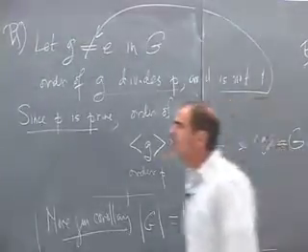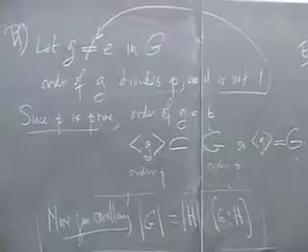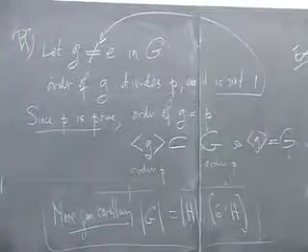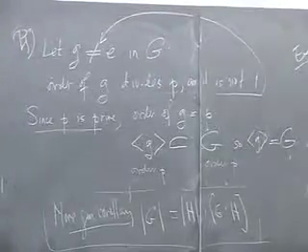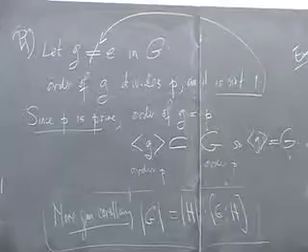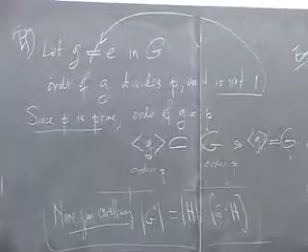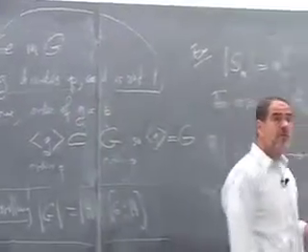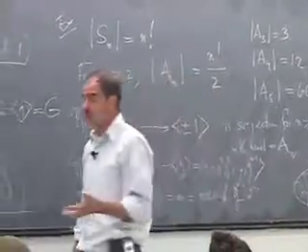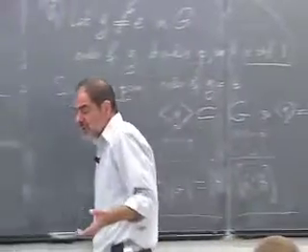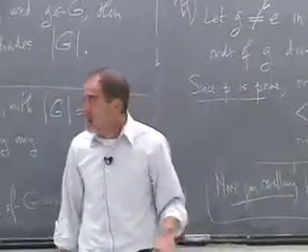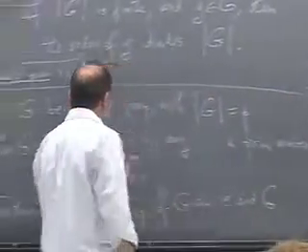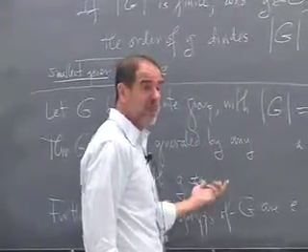And that proves the first statement, that G is a cyclic group generated by any non-trivial element, because I took any element not equal to the identity, and it generates the group. A group can be cyclic without being generated by every element in it. If you take the cyclic group of order 4, there's an element in it of order 2, so that's certainly not a generator of the group. But here the remarkable thing is that any non-trivial element in the group generates the group.